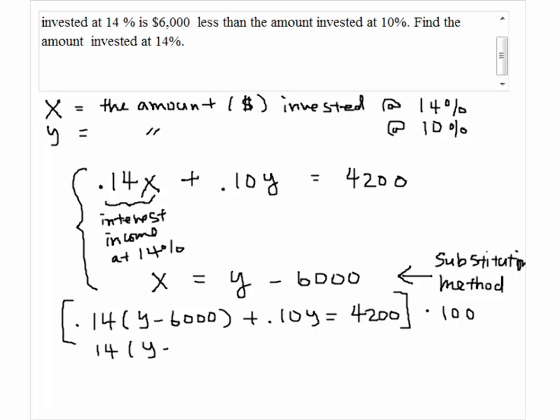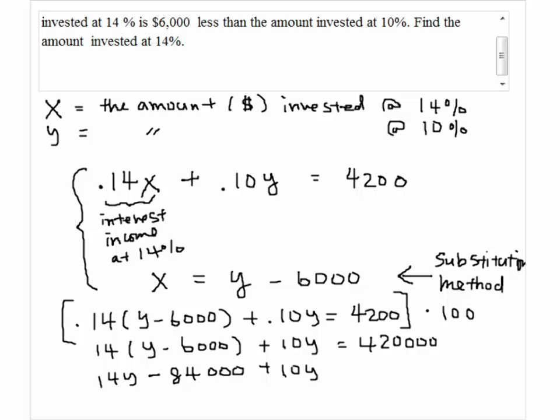So we have 14 times Y minus 6,000 plus 10Y equals 420,000. So 14Y minus 84,000 plus 10Y equals 420,000.